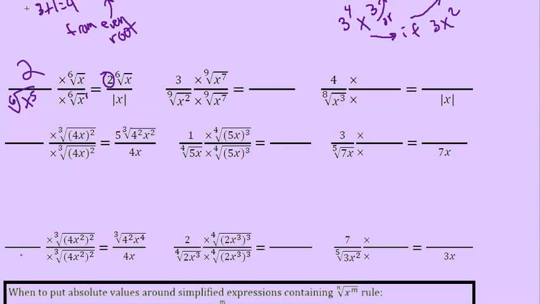Looks like for this last one at the bottom, we have the cube root of 4x squared. It's just one of those because 2 plus 1 is 3. At the top here, there's no coefficient for the radical, so it's just a 1.